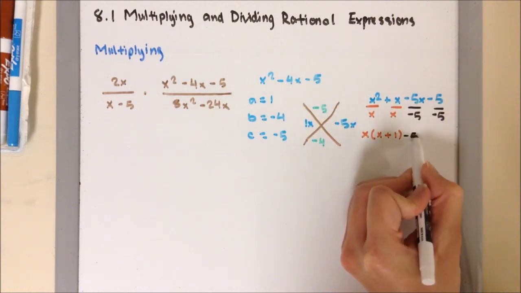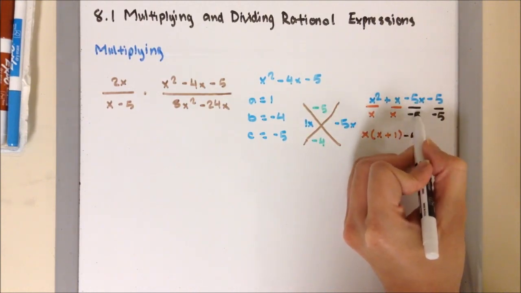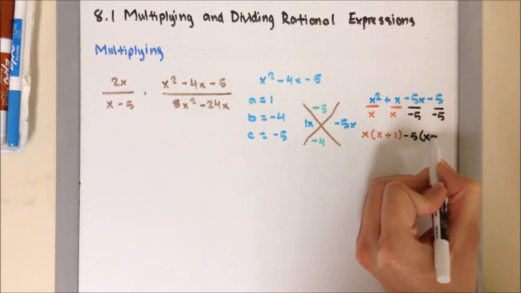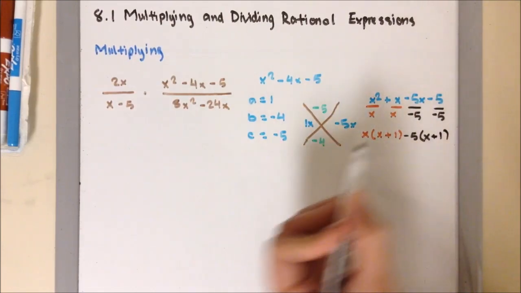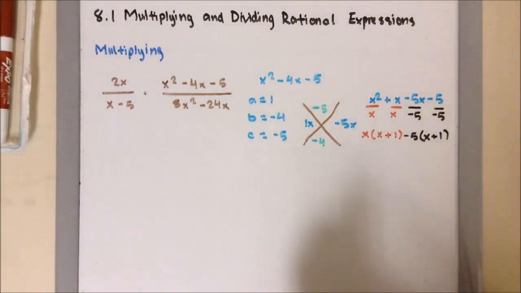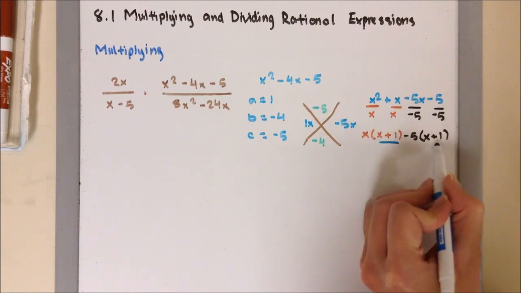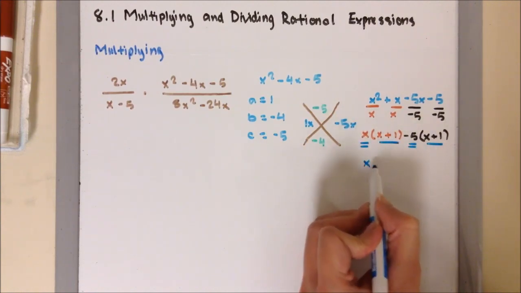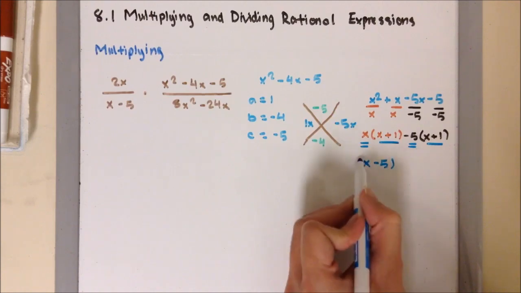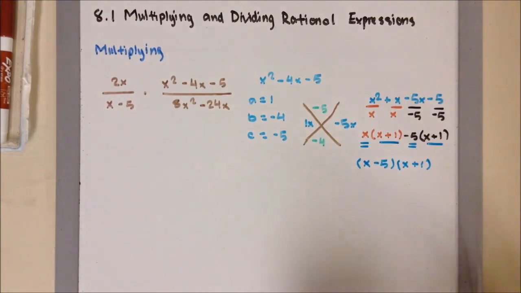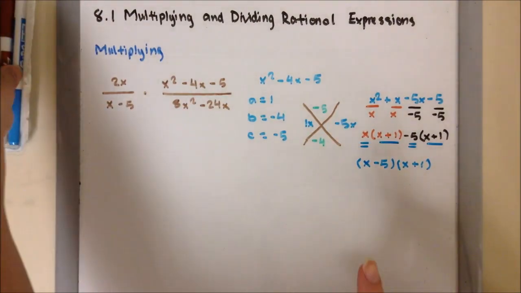So minus 5 here. Negative 5x divided by negative 5 is just x. Negative 5 divided by negative 5 is positive 1. Since the inside is the same, I'm going to group my outside factors. So it's going to be x minus 5 in parentheses, and then x plus 1 in parentheses. So that's for the numerator.